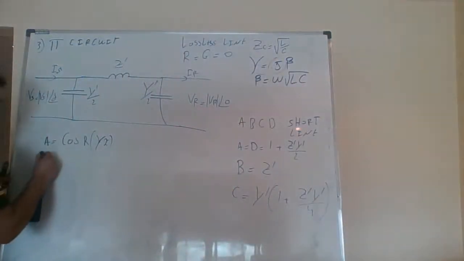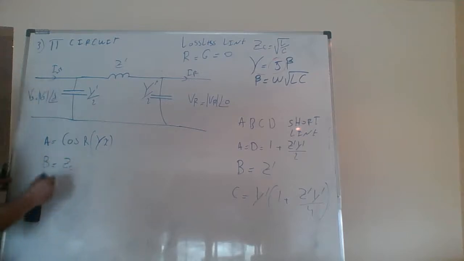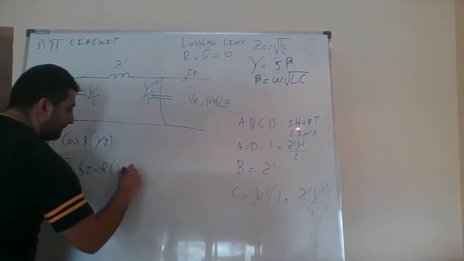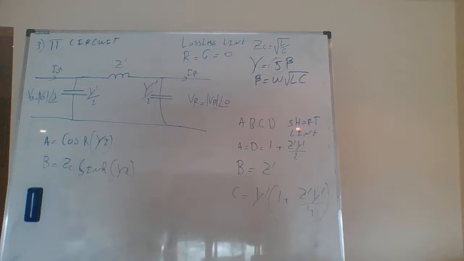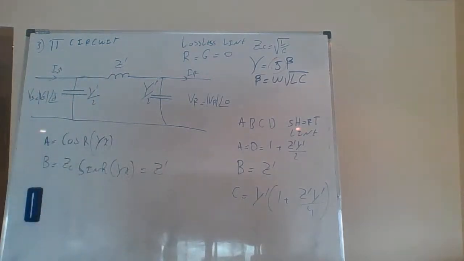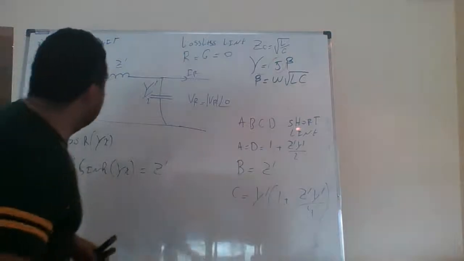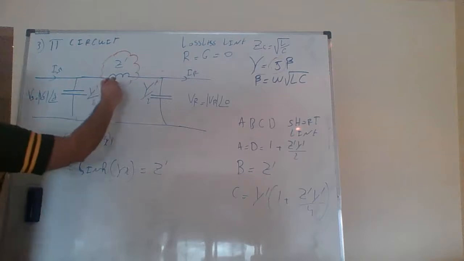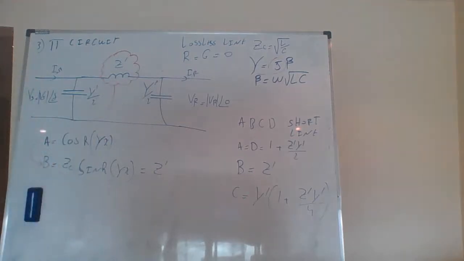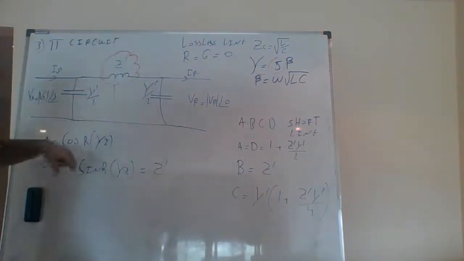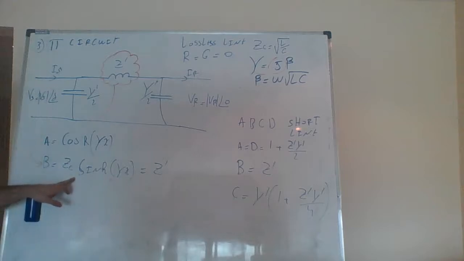What's B? It's equal to ZC sine hyperbolic, which is equal to, perfect for me. So now I know that this value is equal to this. Now I'm doing the pi circuit representation of my transmission line. I know that Z dash is equal to this.